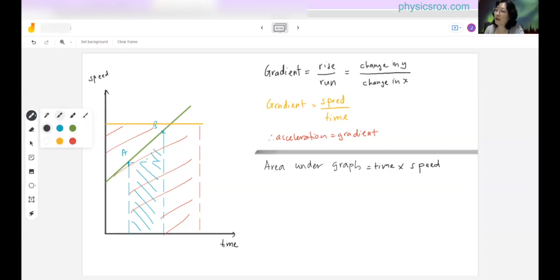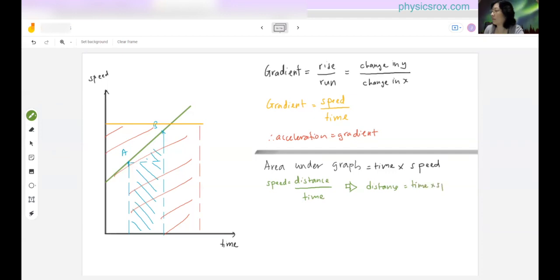Then if you recall, the speed formula is distance divided by time. You rewrite this and you get distance equals time times speed. Same, right?